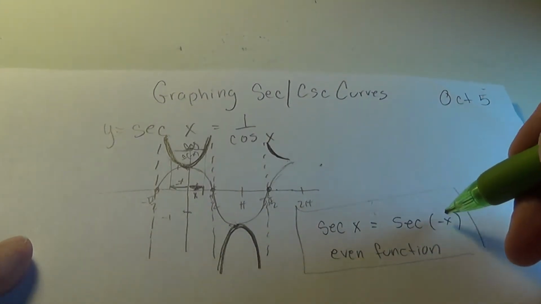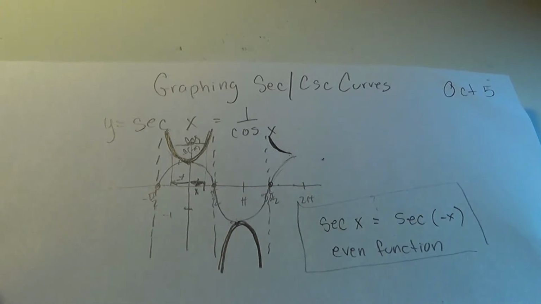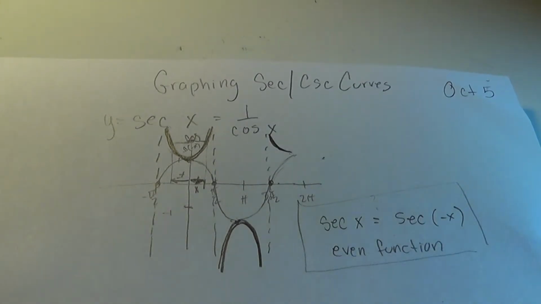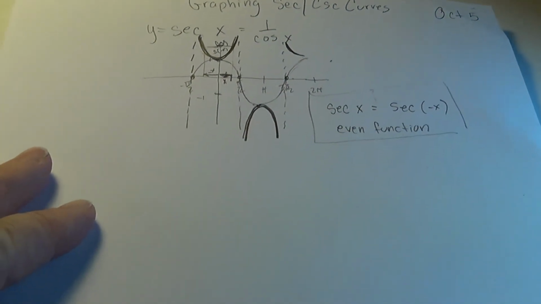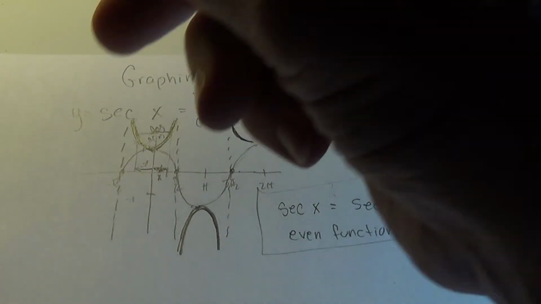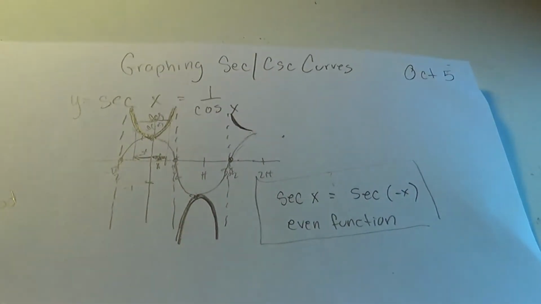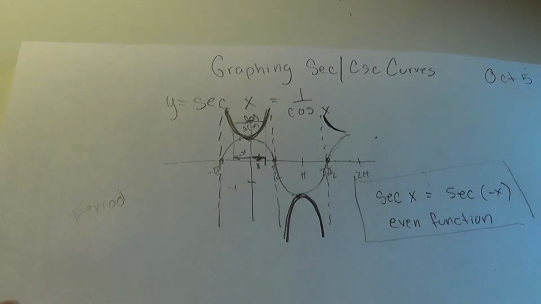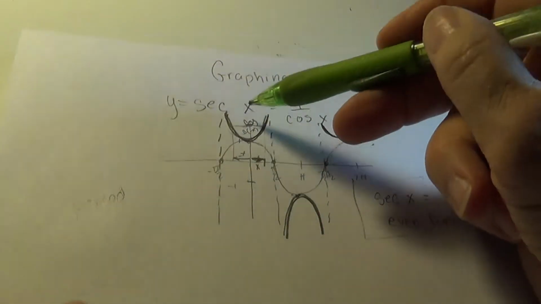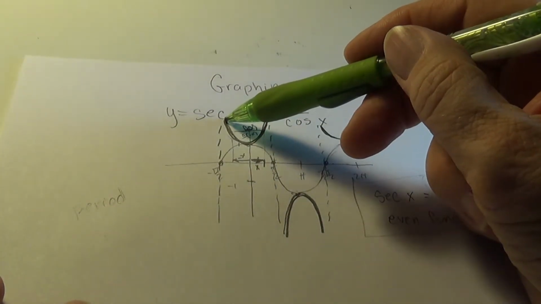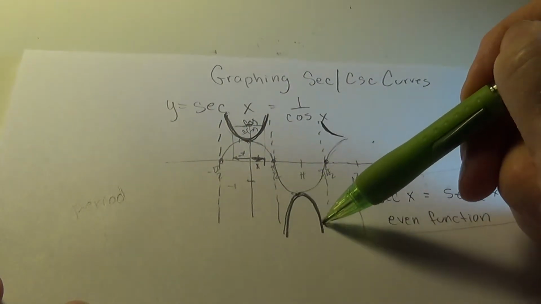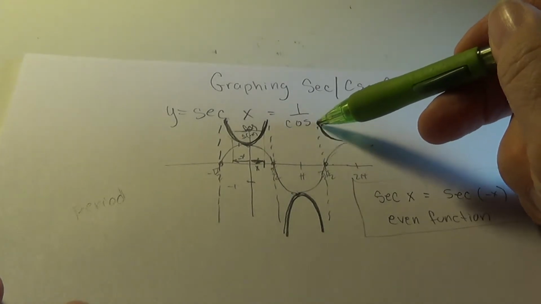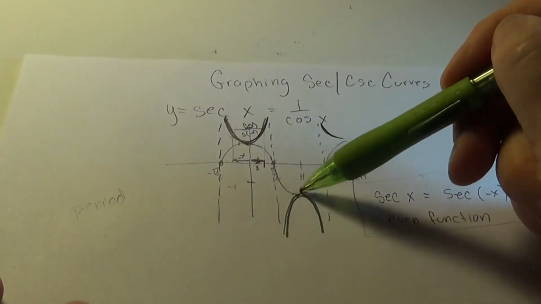Secant of x equals secant of negative x, and I'm not sure what number, somewhere around 22 or something. All right, so I was wondering, and I'm sure you were as well, what is the period for this secant curve? This normal secant curve has a period of, well, we want to start here, and where does that go until it starts repeating itself? Right there. It starts again. So from here to here.